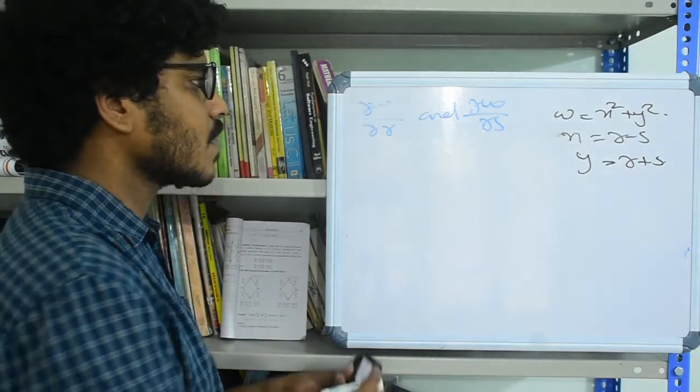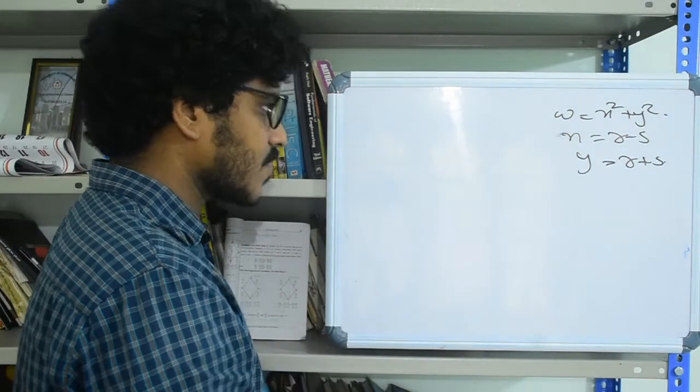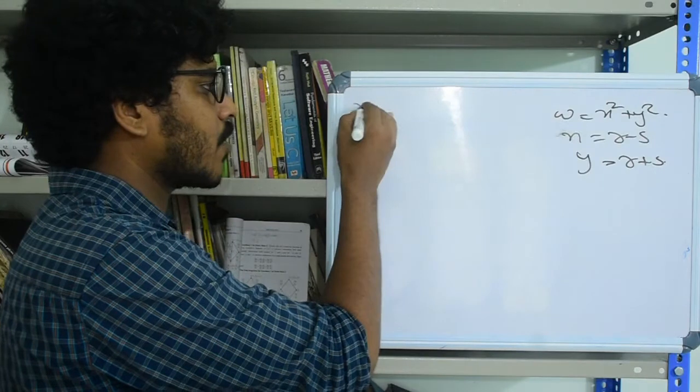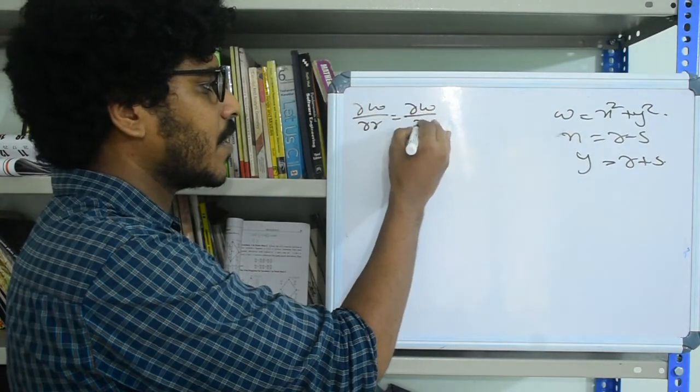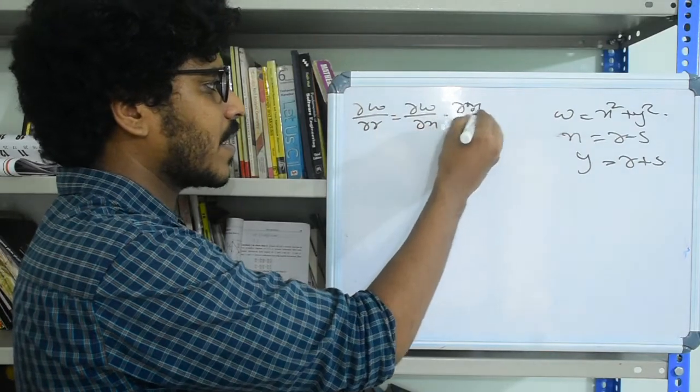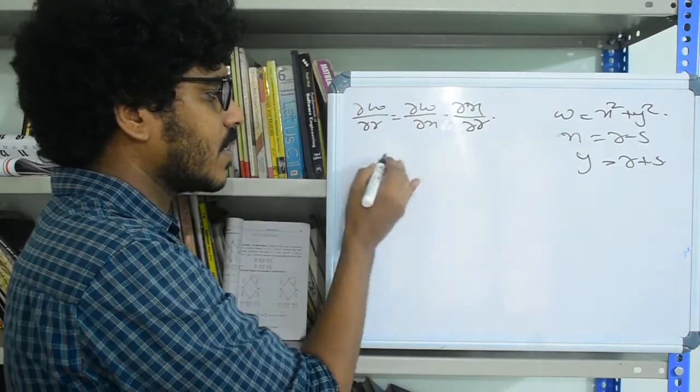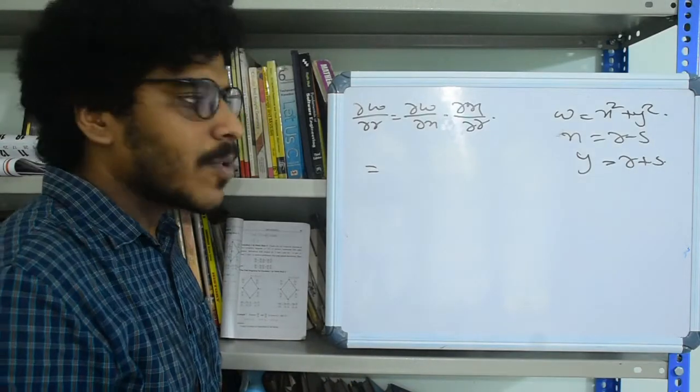Right. So let's recollect the expressions for dou w by dou s and dou w by dou r. So dou w by dou r is equal to dou w by dou x into dou x by dou r. Right. So what is dou w by dou x?